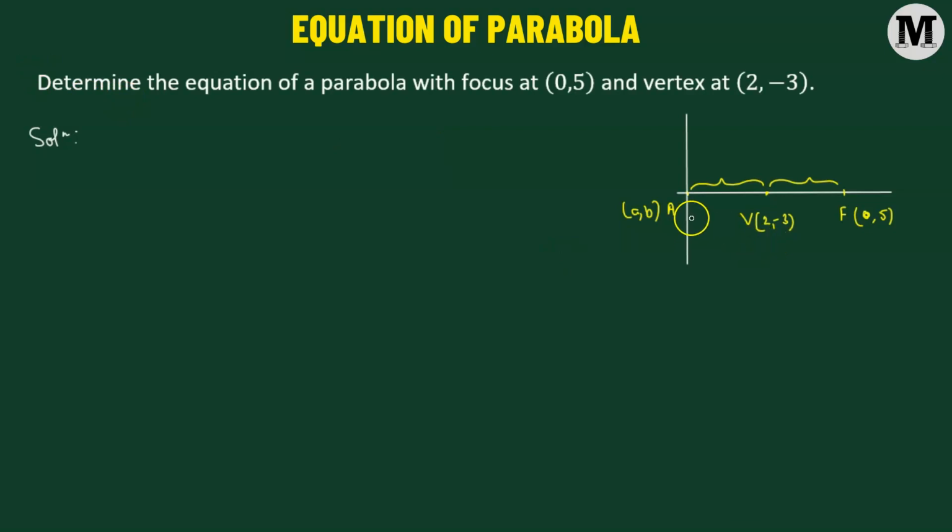We know any line which is perpendicular to the axis of symmetry line and is at a fixed distance from the vertex is referred to as the directrix of the parabola.